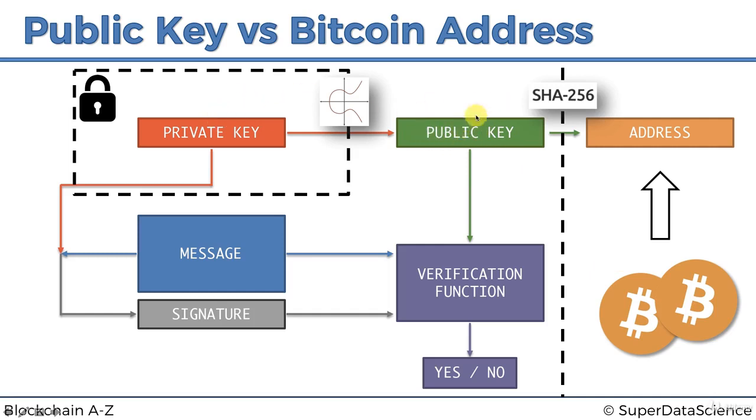But if you're protecting it with an additional layer of protection, which is the SHA-256 hashing algorithm, then even if somebody somehow reverse engineers this, you will have that additional layer of protection, because people will only have your address.